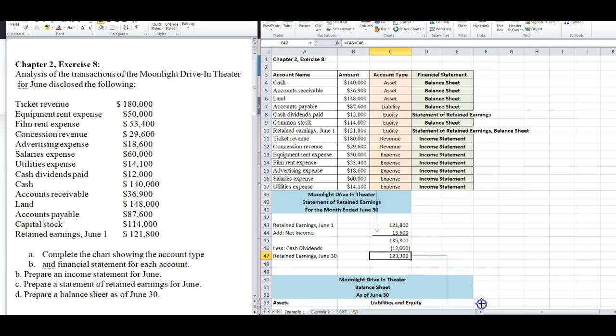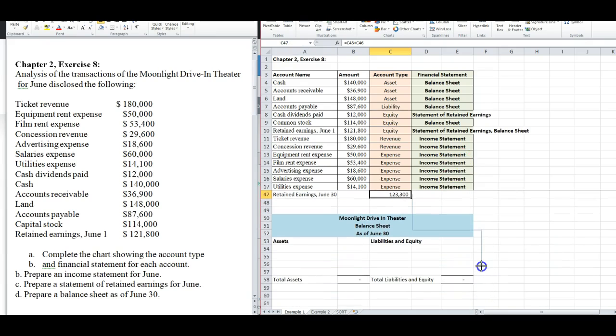So we're going to take this total and move it down here. This is where we're going to put ending retained earnings, which is going to be the $123,300.